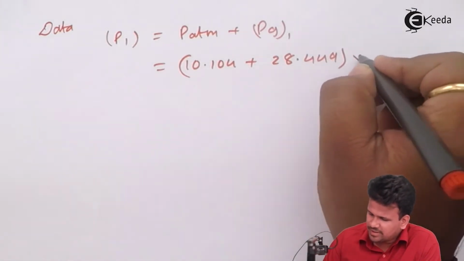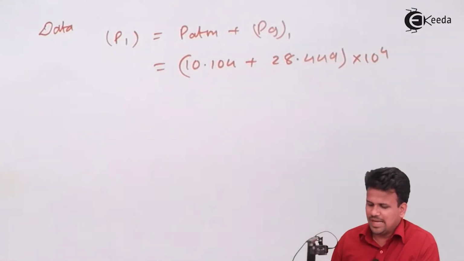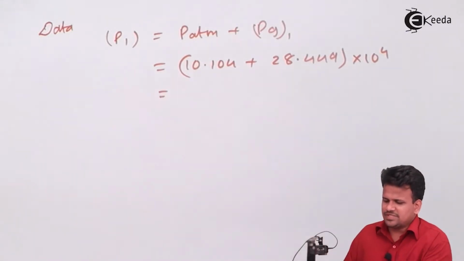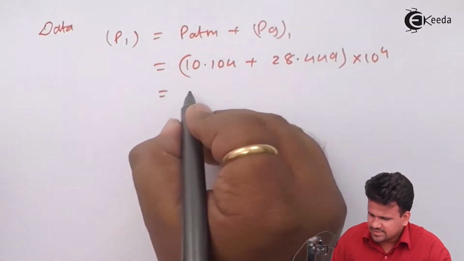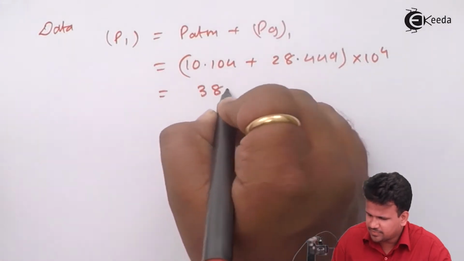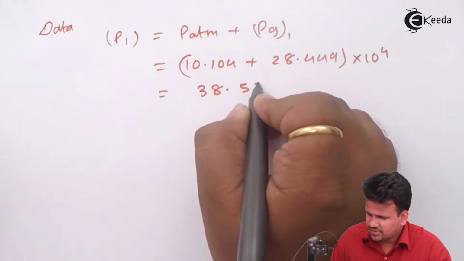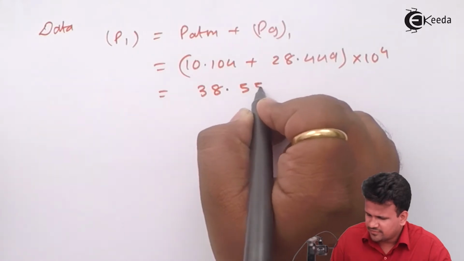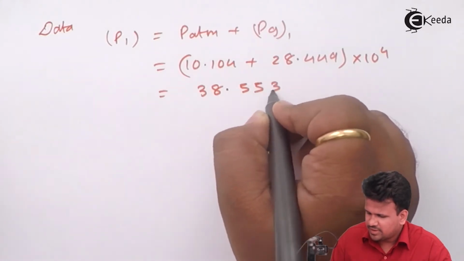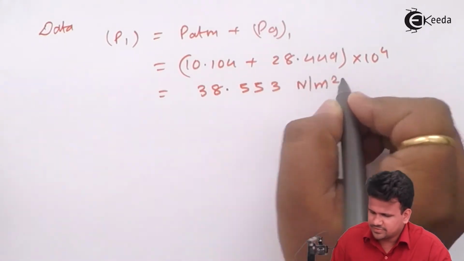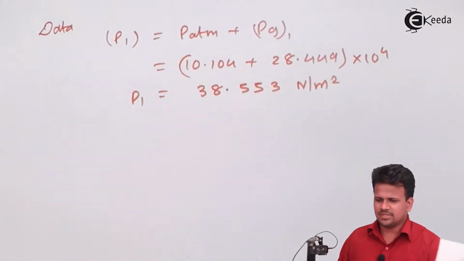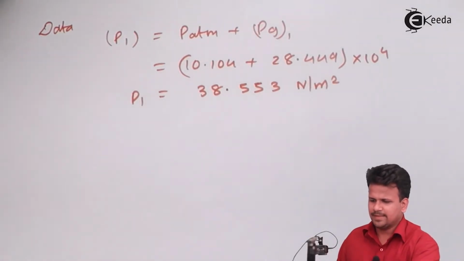So we'll multiply by 10 raised to 4 to get Newton per meter square. On calculation of this, we'll get somewhat 38.553 into 10 raised to 4 Newton per meter square, that is the value of P1.